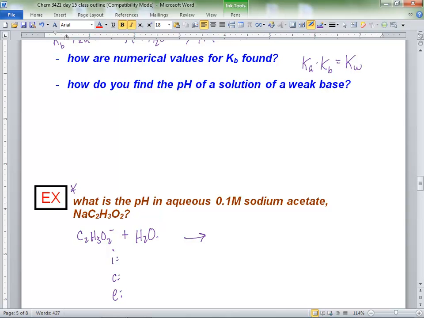And really, we should put a little L on it because it never shows up in ICE, right? It's going to form acetic acid and hydroxide. Okay? So, Zach, how do I start filling in this table then?